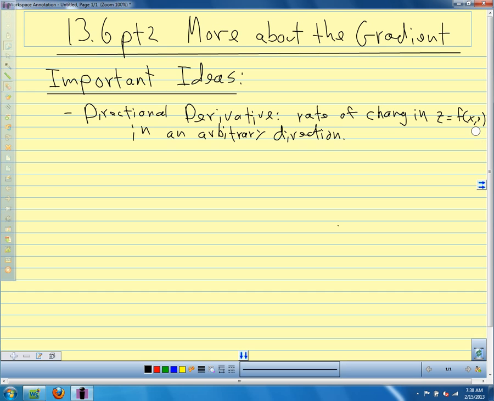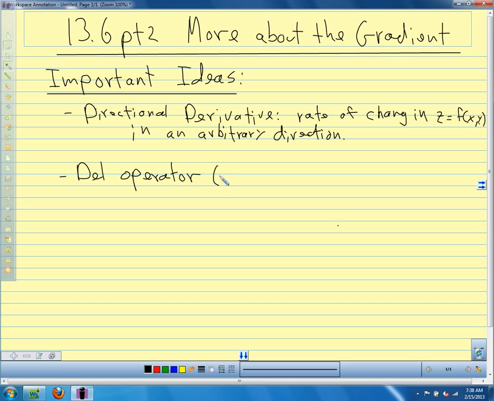So that's what the directional derivative is. In developing the idea, we came up with a compact way of writing it. And we talked about the del operator.